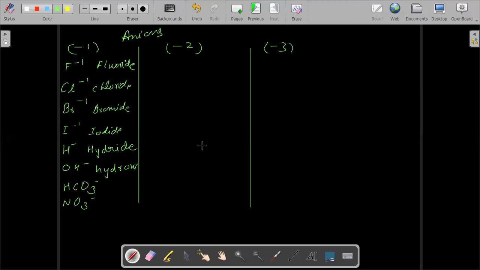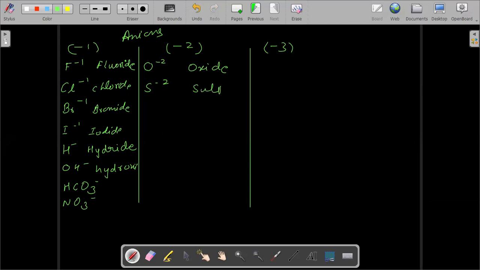Then from the negative 2 or the divalent anions, you have oxide, O minus 2, which is called oxide. Then you have sulfide. All this we are getting from the valencies. Sulfur, sulfide, -2.